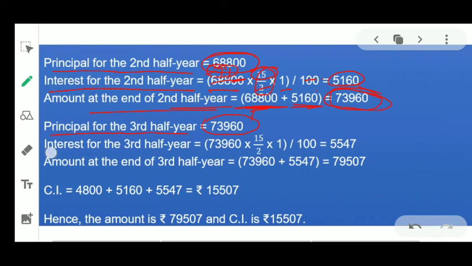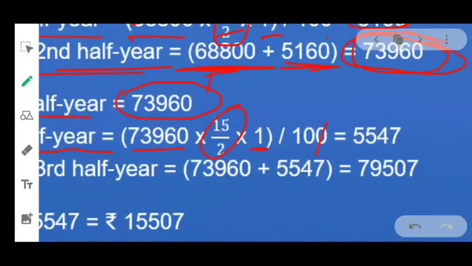So the interest for the third half year equals P into R into T by 100. Here the zeros will be cancelled, then 5 threes are 15, 5 twos are 10, and 2 into 2 is 4. 7,396 divided by 4 will give 1849.